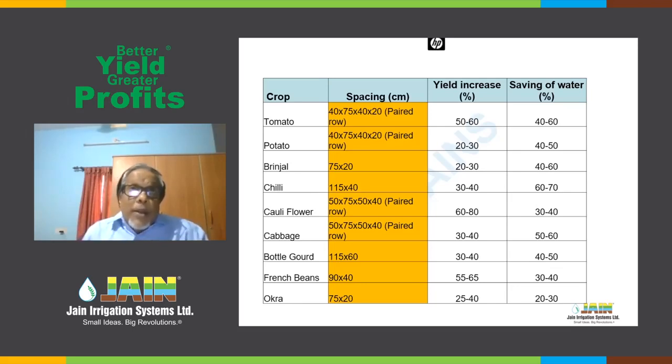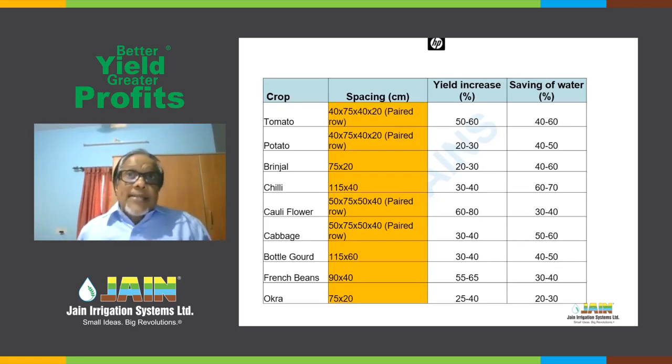So, crop geometry, from the point of view of optimizing drip lines, we have moved now as an offshoot of that objective to optimize the cost of drip system. We also could change the plant row spacing. Please understand, plant row spacing and plant to plant spacing is canopy driven.